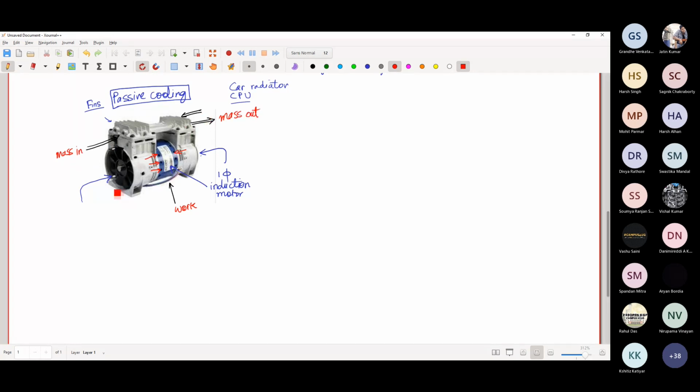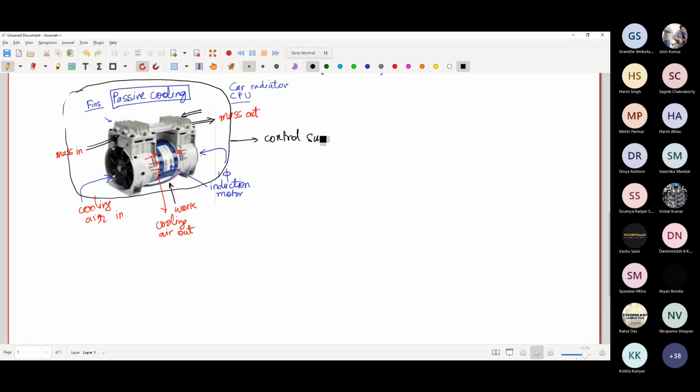Then there is cooling air in, then there is cooling air out. Okay, a lot of stuff going on. So the control volume for such an analysis would simply encompass the entire object under consideration. This would be the control surface, and this entire thing would be the control volume.